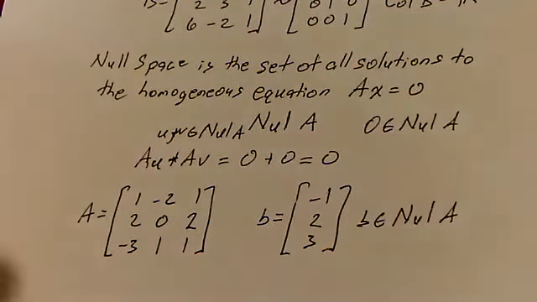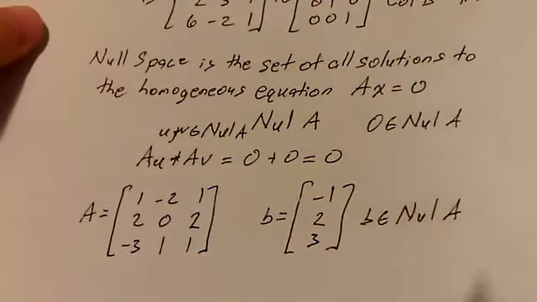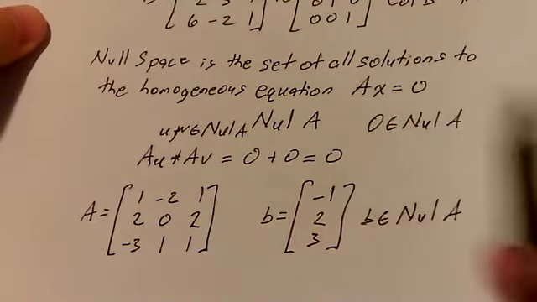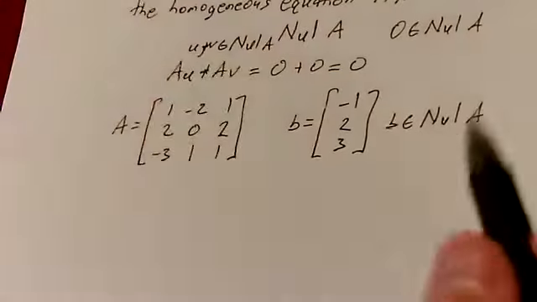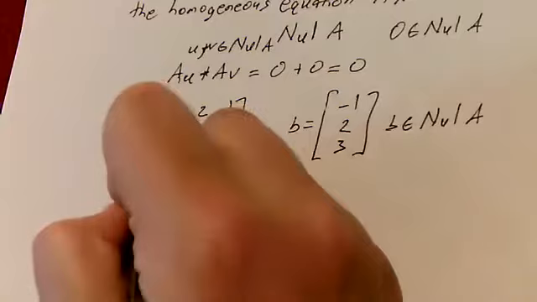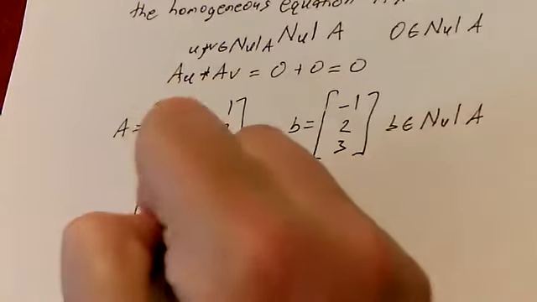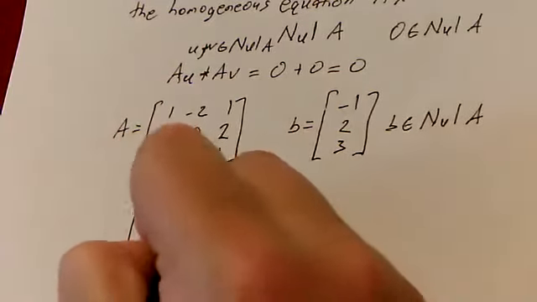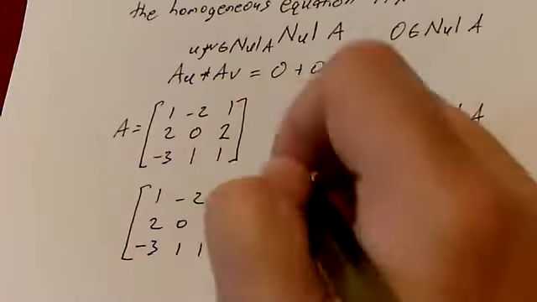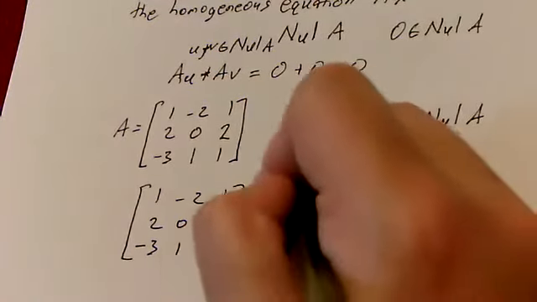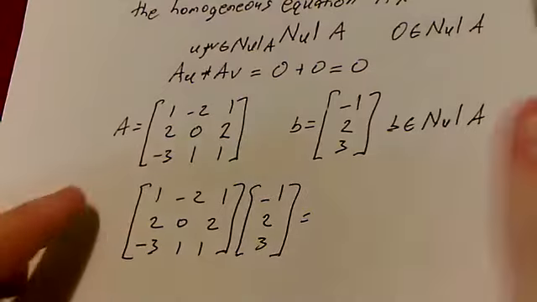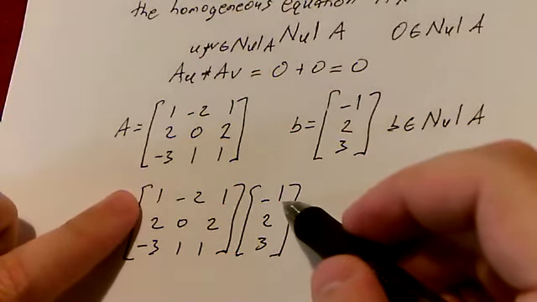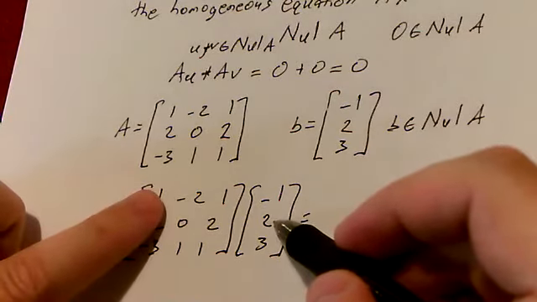Well, the easiest way to find out is to simply multiply. We know that if I do A times the vector, I should get 0 in order to be in the null space. So 1, negative 2, 1, 2, 0, 2, negative 3, 1, 1, and we're going to multiply that times my candidate vector here. Negative 1 times 1 is negative 1. 2 times a negative 2 is negative 4.